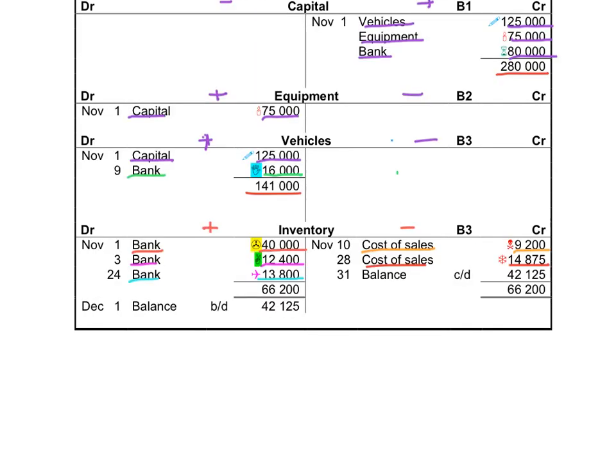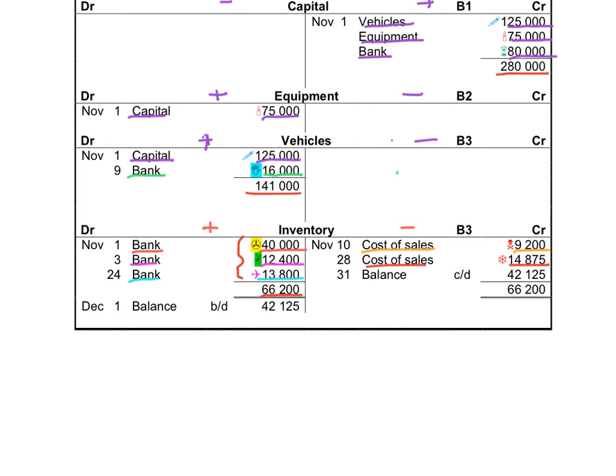141,000. In the inventory account, we have amounts on both sides of the account, so therefore we have to calculate the balance, that is the difference between the debit side and the credit side. Inventory is an asset. Assets always have debit balances, so we will first add up the debit side of the three amounts and see that the total is 66,200.